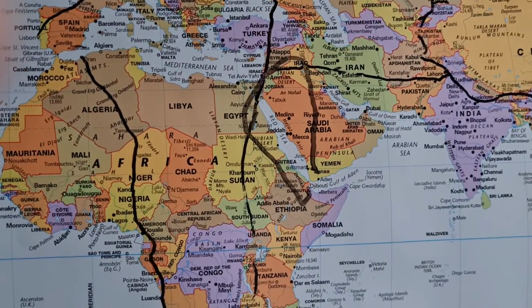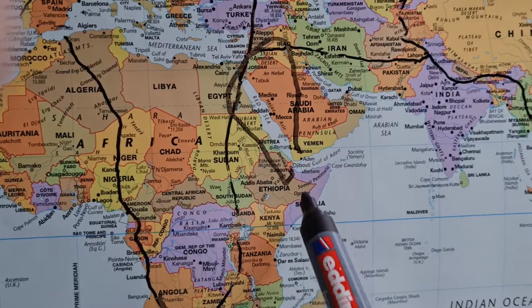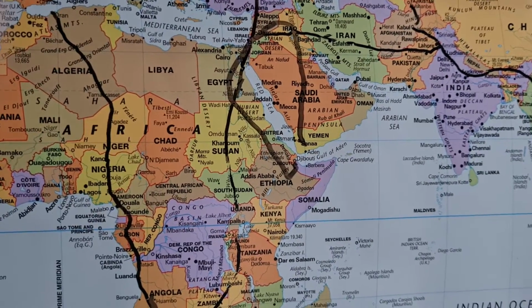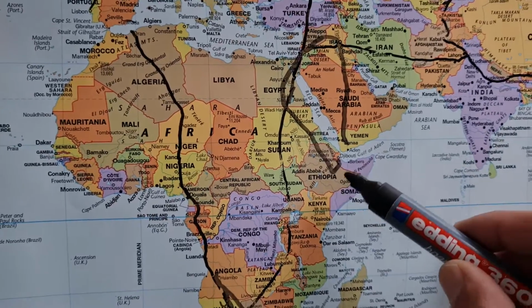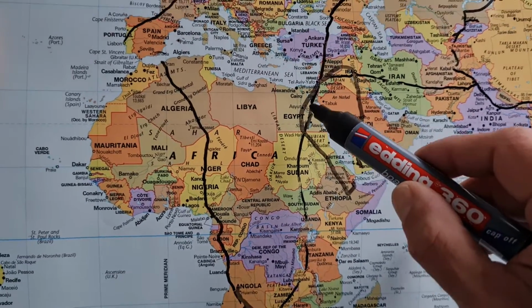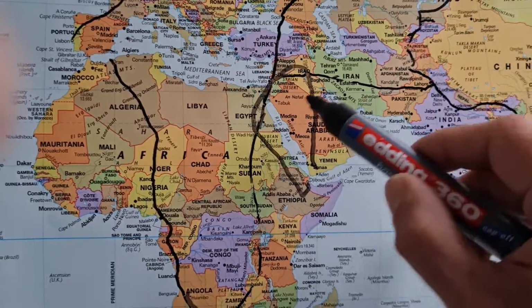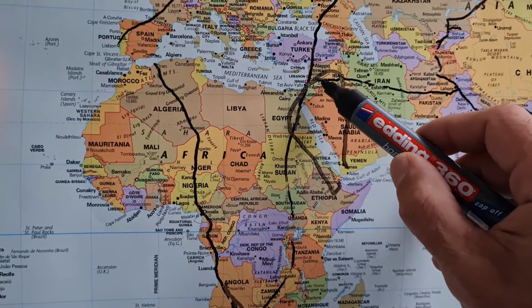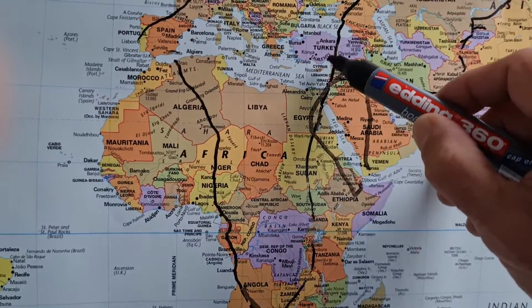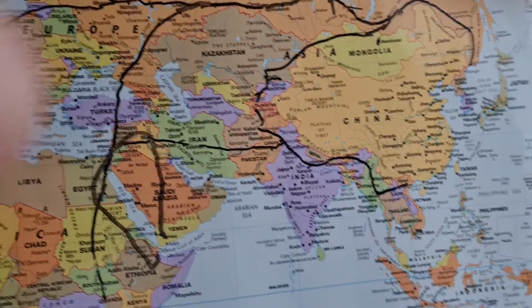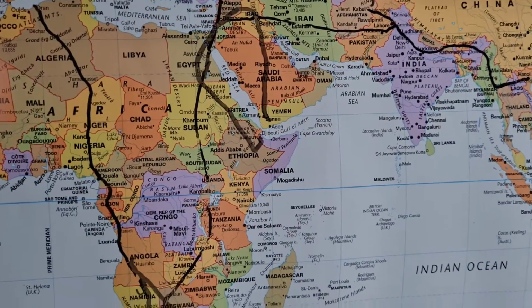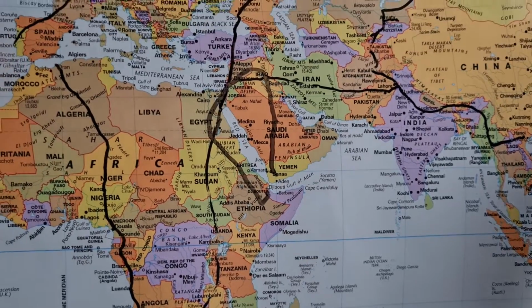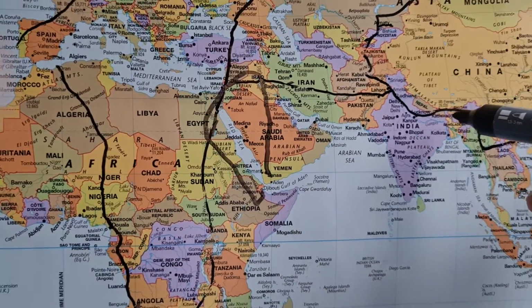So Sana'a to Djibouti, as I said, is 7,700 kilometers. Djibouti to Vladivostok is 15,000 kilometers. And you would be taking probably this route here to get there. Vladivostok to Kathmandu, here, this route here, 11,000.